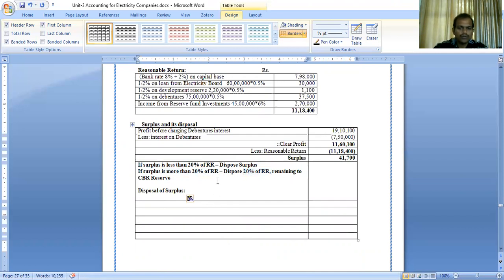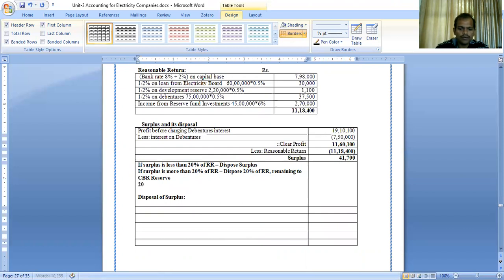So 20% of reasonable return. So 11 lakh 18,400 into 20 percentage comes around 2 lakh 23,680.